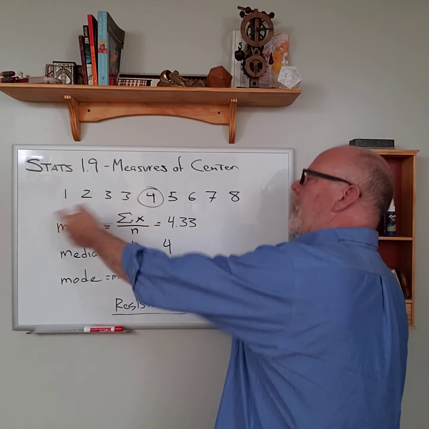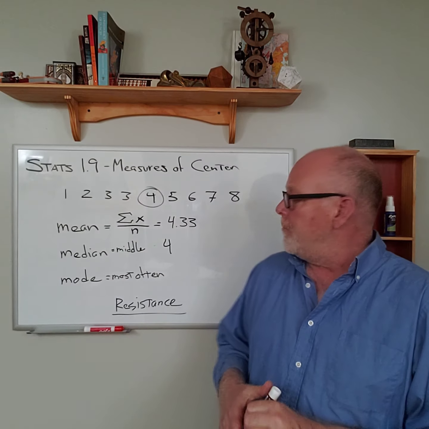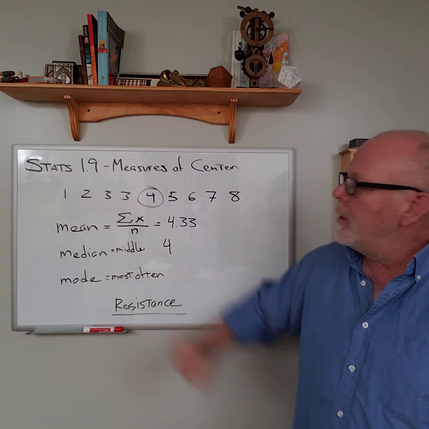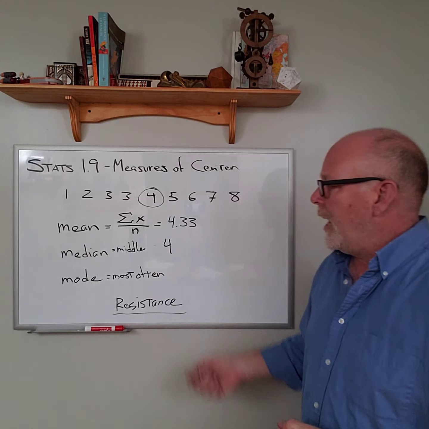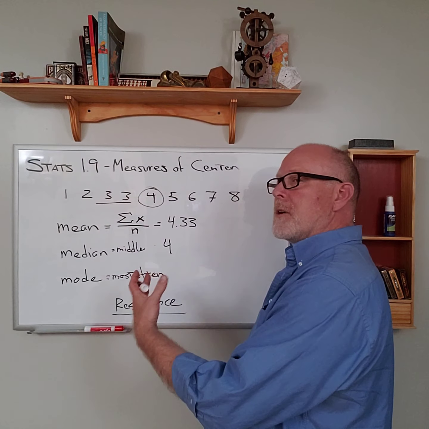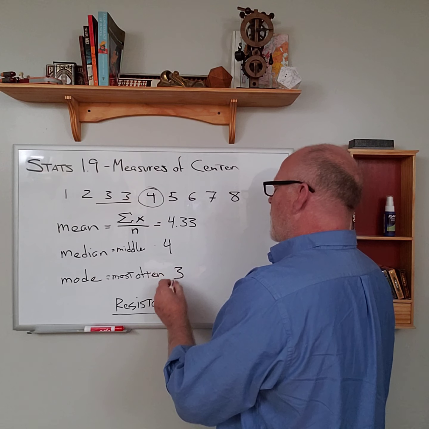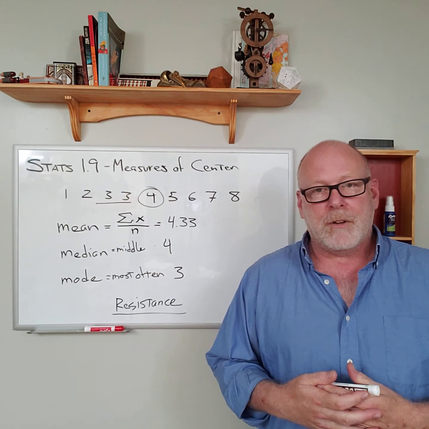Half of the data is above it, half of the data is below it, so it's in the middle. Easy. The mode is the one that shows up the most often. And in this particular case of meaningless made-up numbers, that's going to be 3 because it shows up twice, which is more than the others. So the mode is the one that shows up most often.